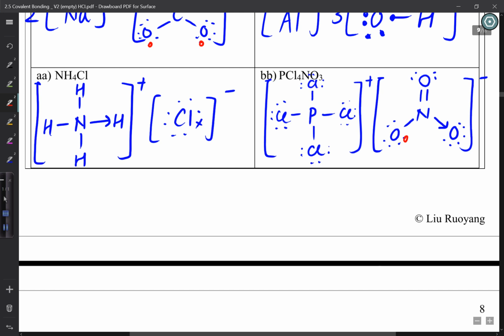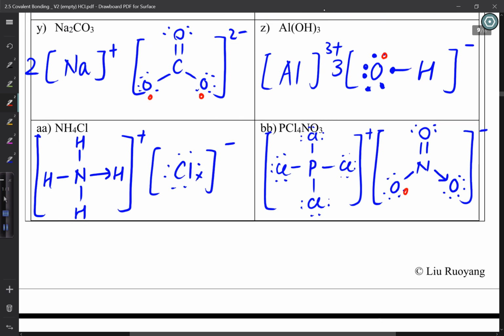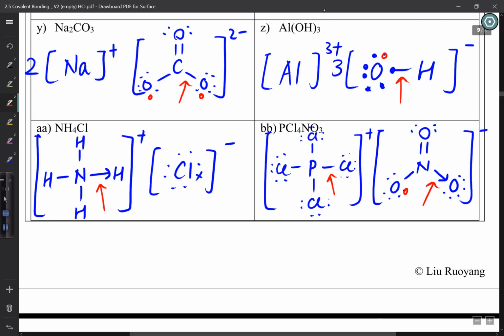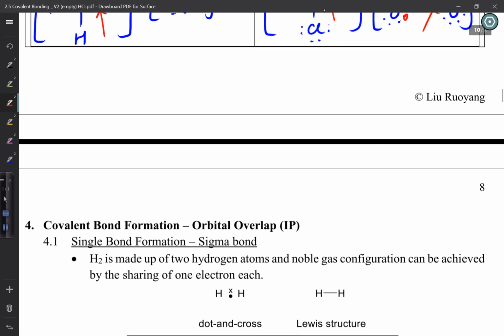These are covalent bonds, obviously: covalent bond, covalent bond, covalent bond, covalent bond, covalent bond. And then between the ions is ionic. Take note that previously I also mentioned, even though we draw the dative one like that, it is still a covalent bond. We treat it in a similar way as single bonds, just drawn differently.